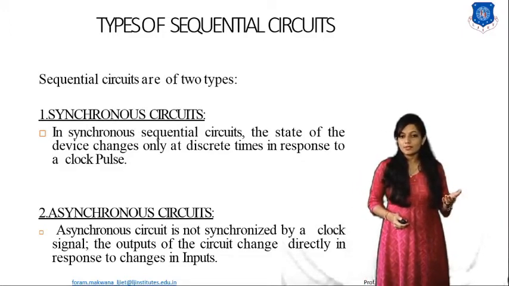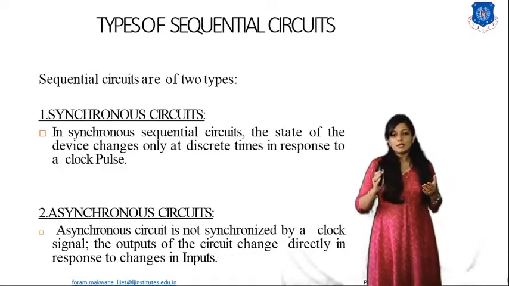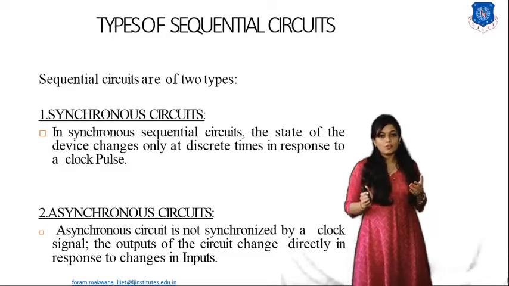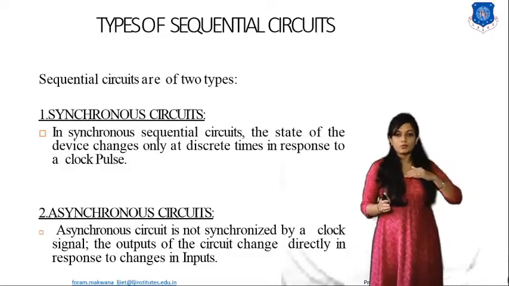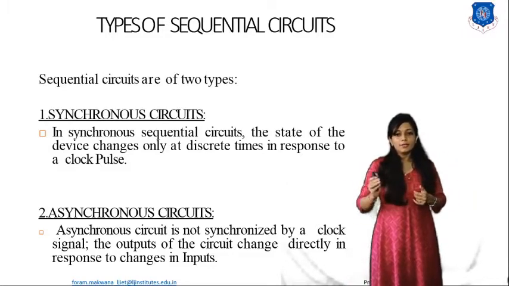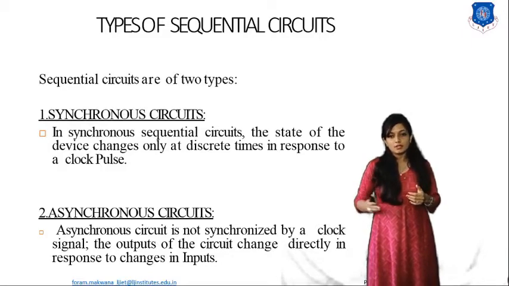What is a clock pulse? A clock pulse is nothing but a square wave which has positive and negative repeated sequences. Alright.